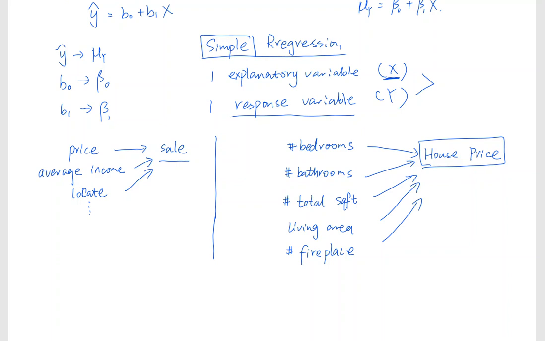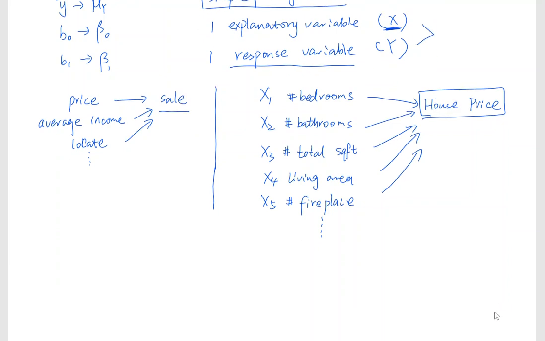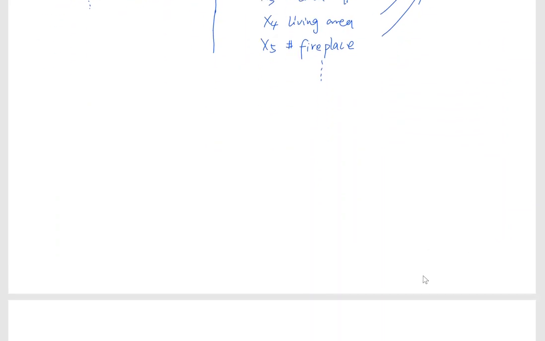Since we call it x for simple regression, now we want to add more explanatory variables into the regression. So maybe this one is x1, this is x2, x3, x4, x5, and maybe others, right? Okay, so then we'll talk about what is multiple regression.